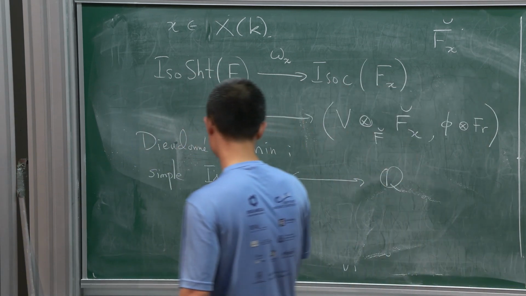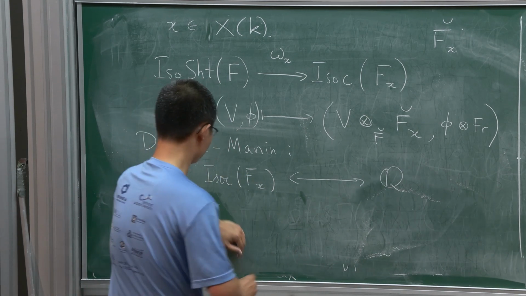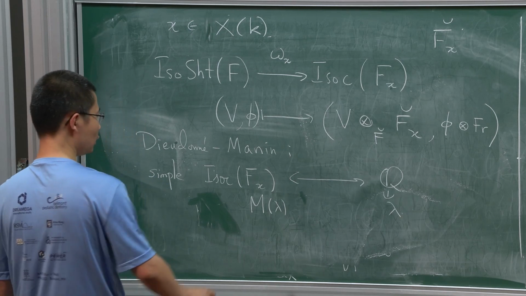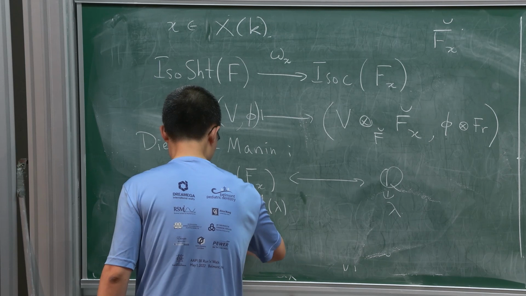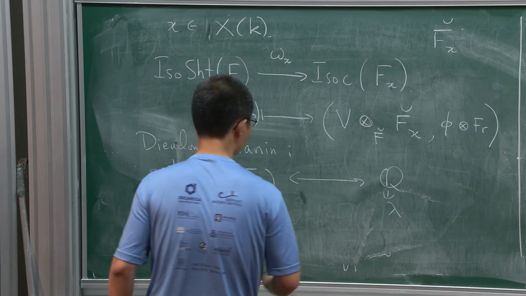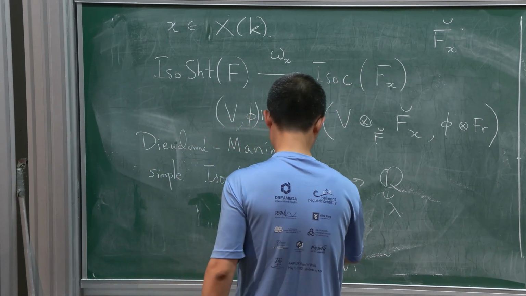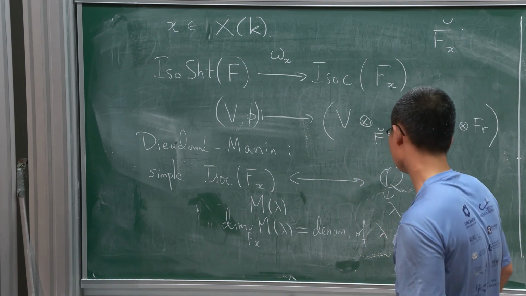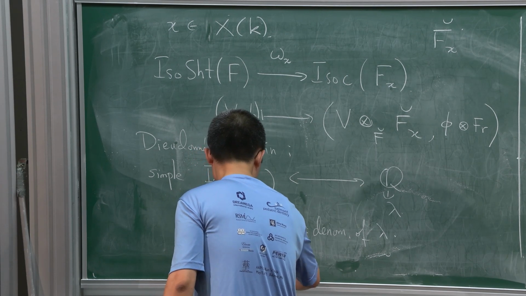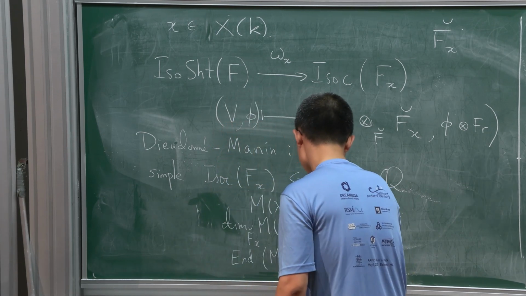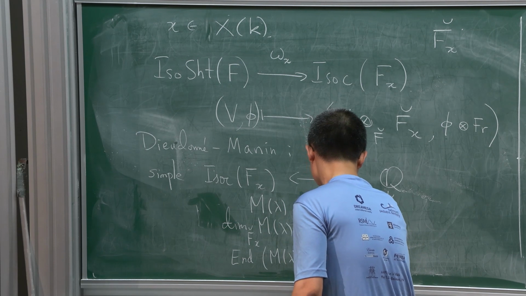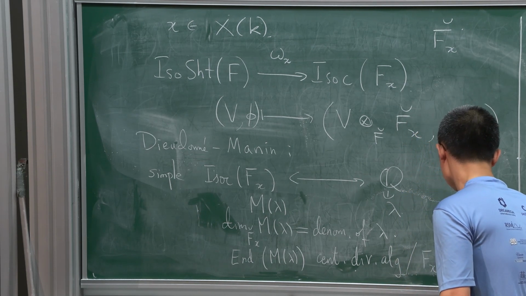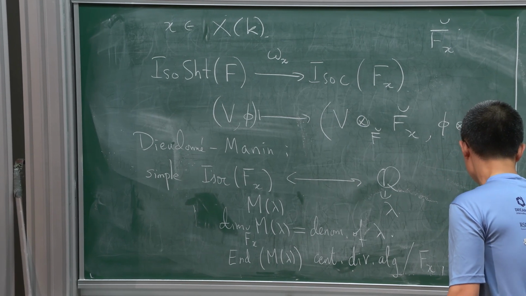So if lambda is a rational number, we have some simple isocrystal M_lambda of slope lambda, then the dimension of M_lambda over F_x breve is the denominator of lambda in lowest terms, and then the endomorphism of M_lambda as an isocrystal is a central division algebra over F_x with invariant minus lambda.